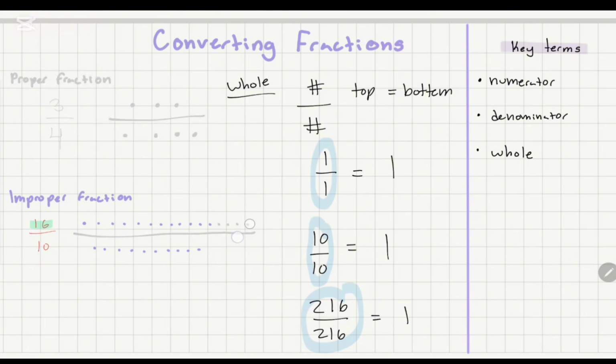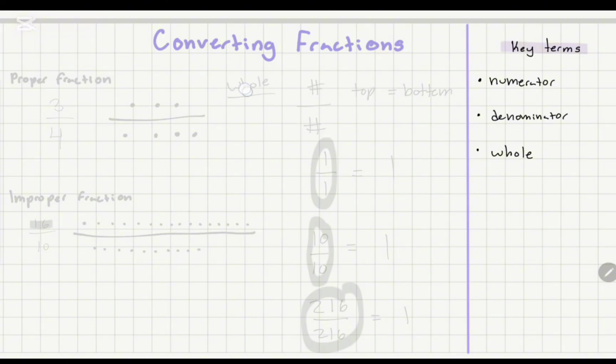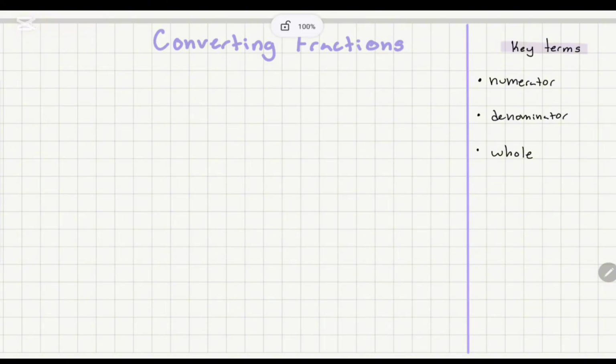And then there's one more type of fraction, and that is called a mixed fraction. And that mixes a proper fraction, when our smaller number is on the top and our bigger number is on the bottom, but it also has a whole number in front of it.